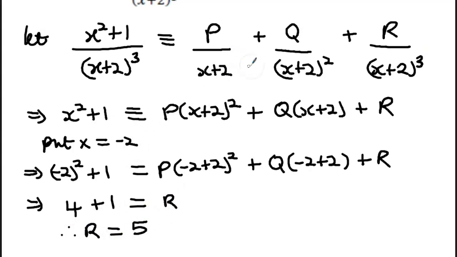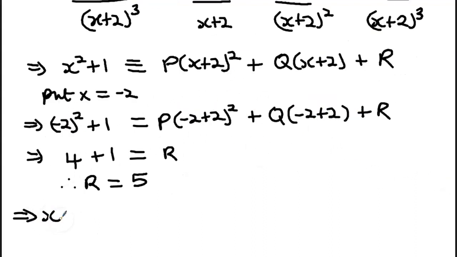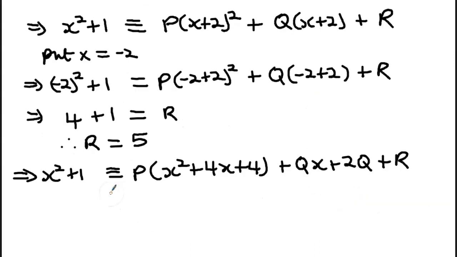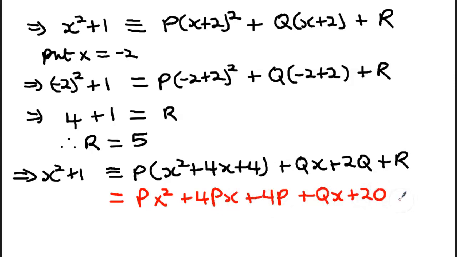Now to find the other constants, let's expand the right hand side and compare the coefficients. We have x squared plus 1, and expanding the right hand side, p times (x squared plus 4x plus 4), then plus q times (x plus 2), so this is equal to x squared plus 4px plus 4p plus qx plus 2q plus r.